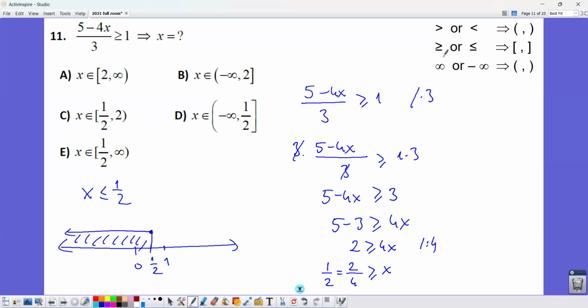When you have equalities, you have a closed parenthesis. So how will I write this one? I will write x is an element of, from minus infinity till 1 over 2, and 1 over 2 is included. When you have infinities, parentheses are always open. On the number side, if you have equality, the parenthesis will be closed. So your answer is D here.